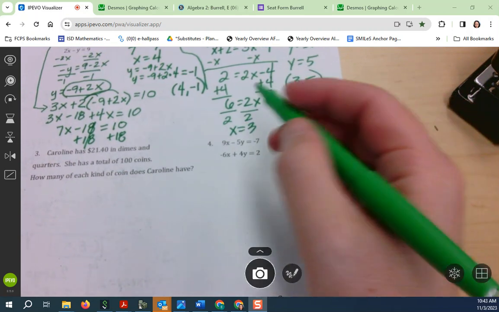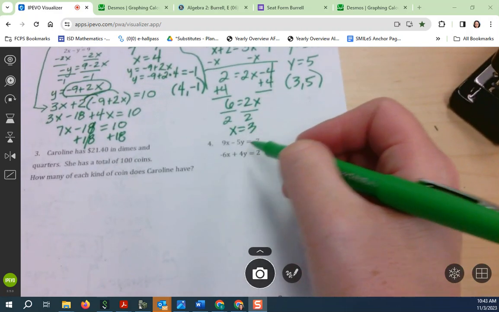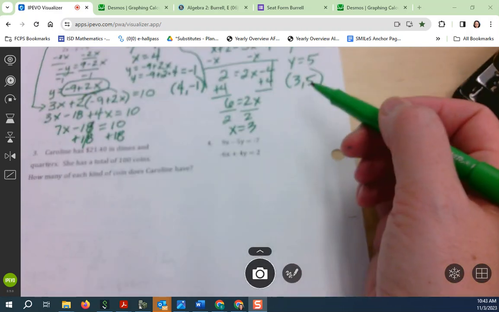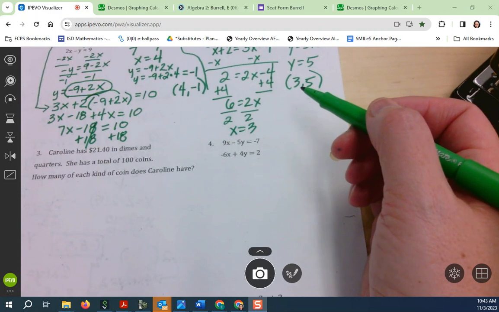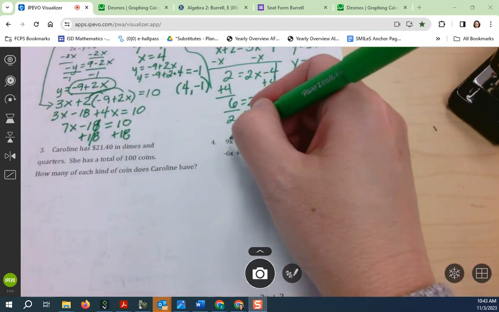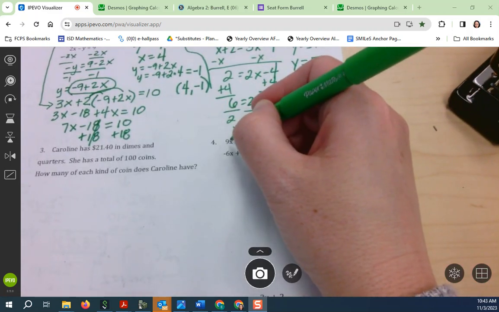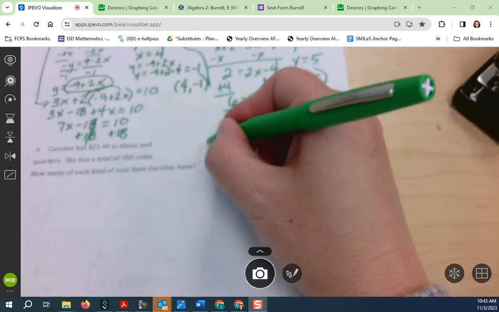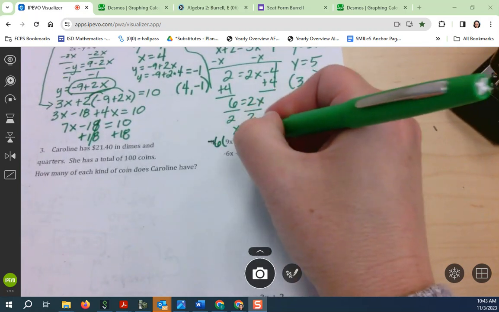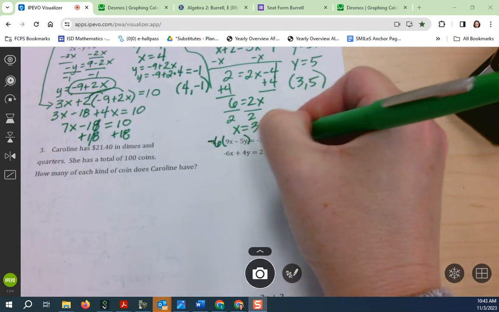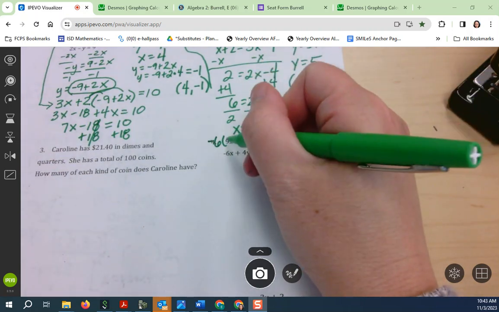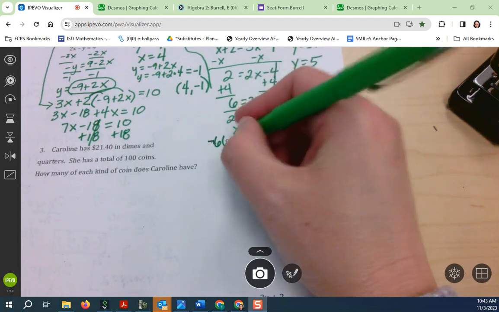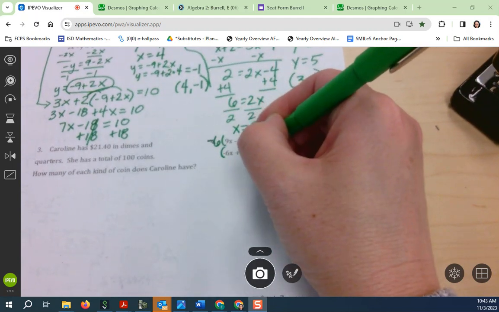So for example, do you guys want to eliminate the x or the y? Which one? The x? Okay. So if we want to eliminate the x, multiply the first equation by the coefficient of the second equation, which is negative 6. And then multiply the second equation by the coefficient of x in the first equation, which is 9.